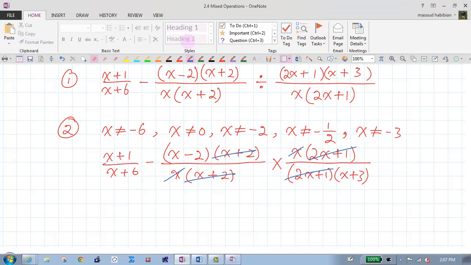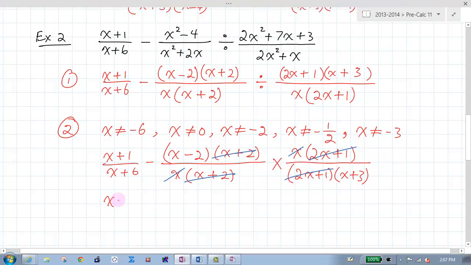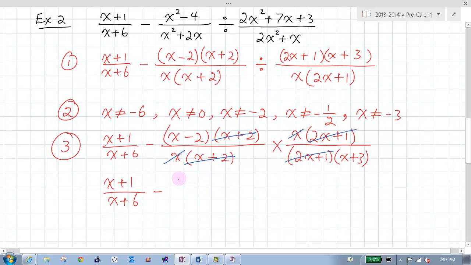So we end up with x plus 1 over x plus 6, right, minus, this is our step 3, doing the BEDMAS business, x minus 2 over x plus 3.